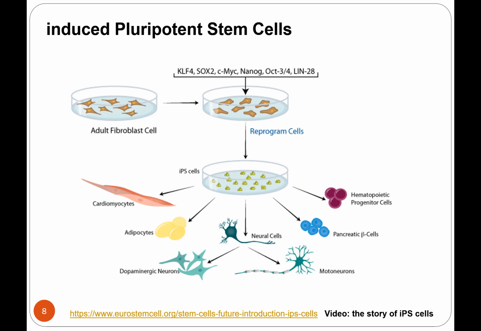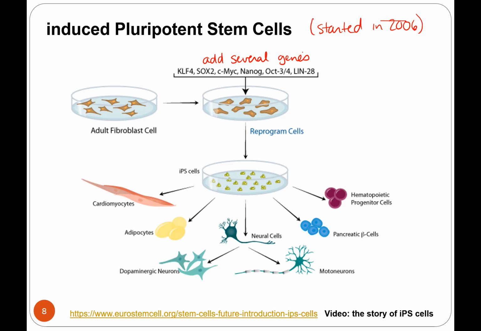So induced pluripotent stem cells, what you have to do, and the research for this started in 2006. And what they found was that they could add several genes. Okay?